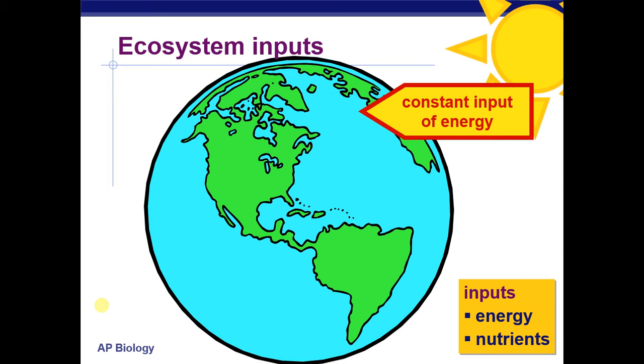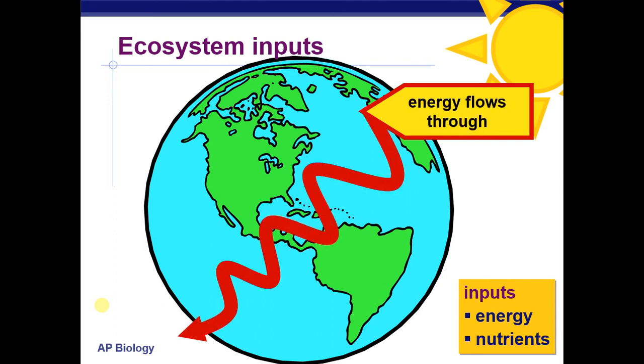I might say like, oh, nighttime, I mean, yeah, but pretty much it's a constant input of energy into our ecosystem, and then energy flows through our ecosystem from the organisms that are able to initially capture that all the way to all of the living things in our ecosystem.